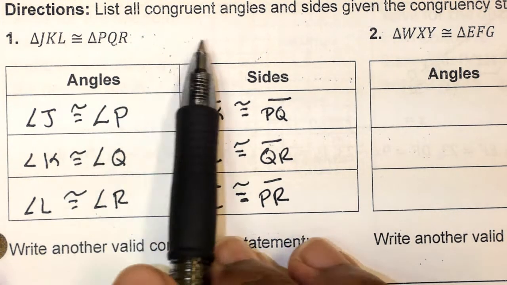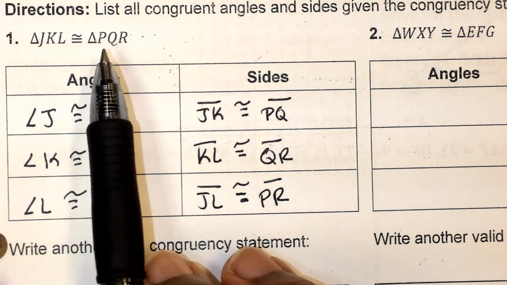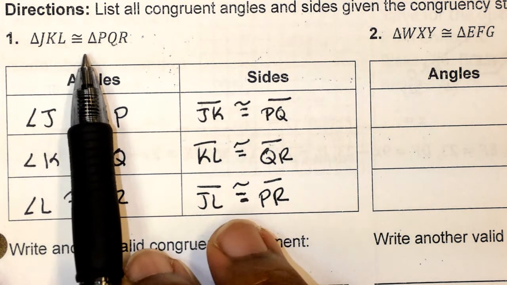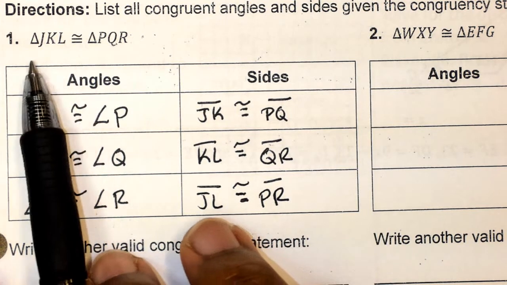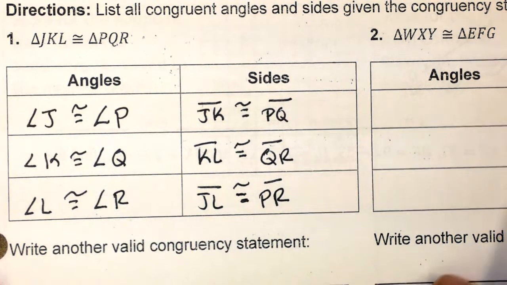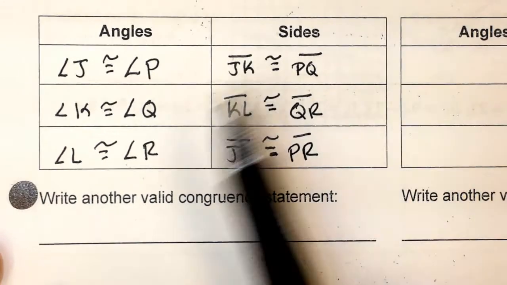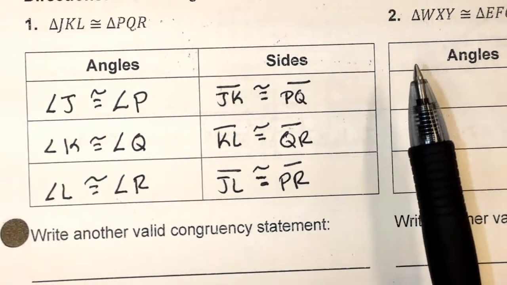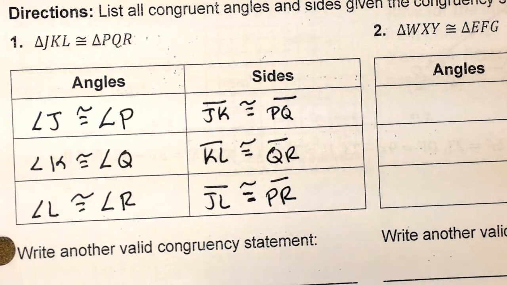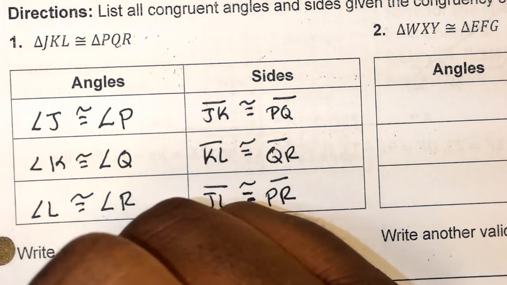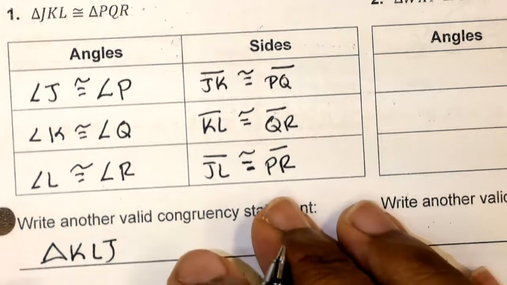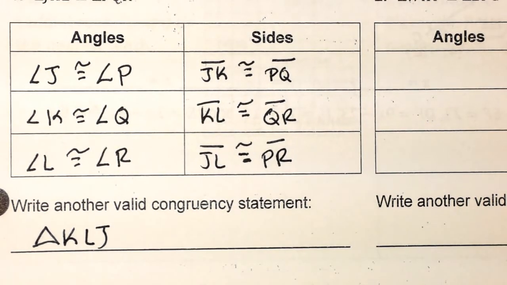Now, they wrote that congruency statement that way. That's not the only way you can write it. Like I told y'all, and I don't know if y'all remember from the last unit, it doesn't matter how you start, it's the finish that matters. They named the first one this way, so they had to name the second one that way based on what the congruency of the triangles was. They said write another congruency statement down here that is valid. So I could rename my first triangle. Say I call my first triangle KLJ.